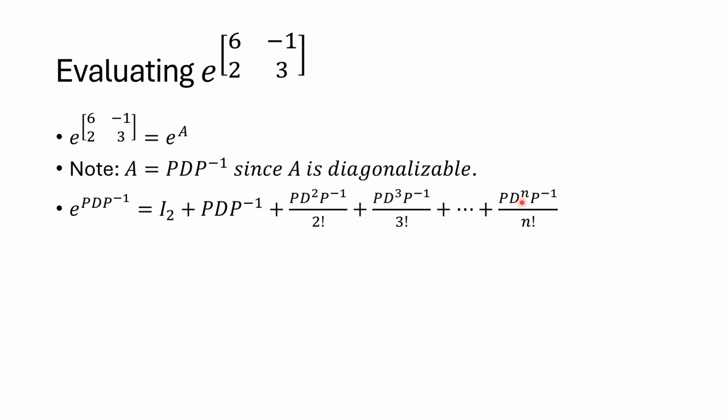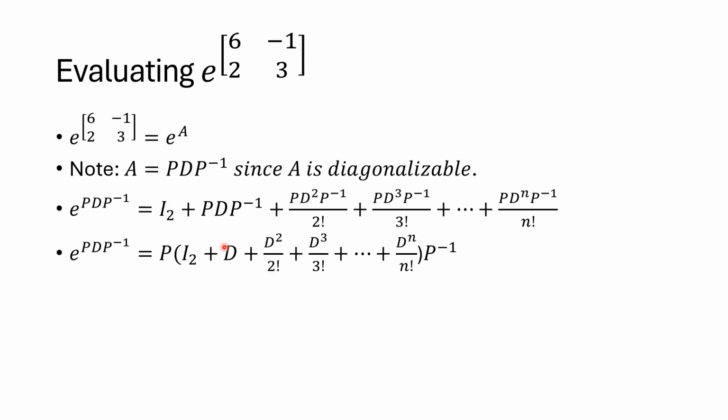We don't have to raise the matrices P and P inverse to the same power. Now, once we have it written like this, we can factor out the matrix P and the matrix P inverse. Matrix P would be factored out from the left side, and matrix P inverse would be factored out from the right side.